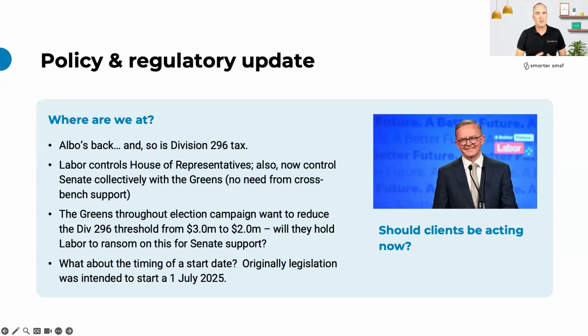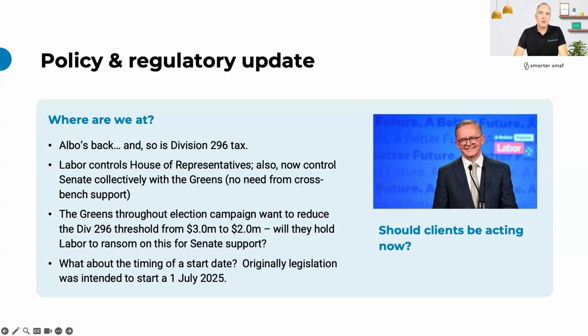We saw that through an announcement in the May 2024 budget, where they introduced superannuation on paid parental leave as one of the commitments for the Greens to give them passage on this particular measure. So now this is a matter of when rather than if this legislation will go ahead.